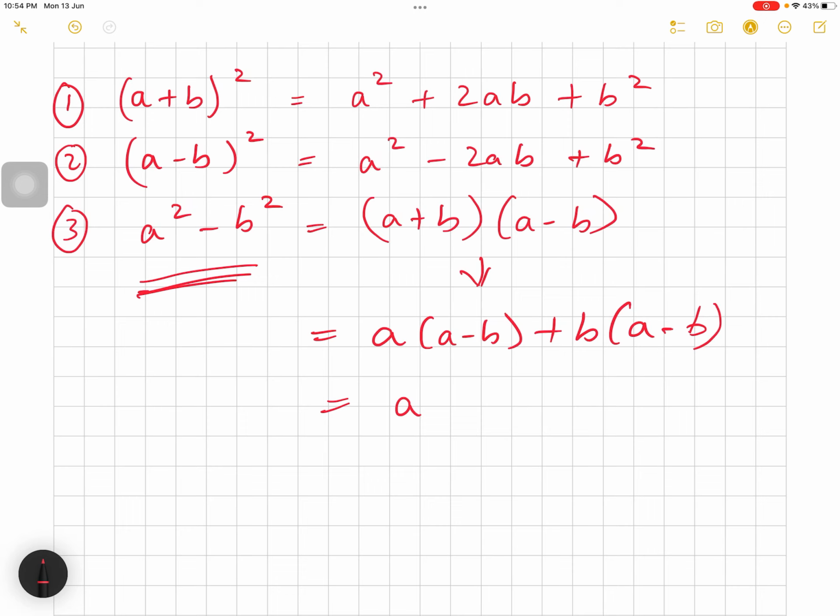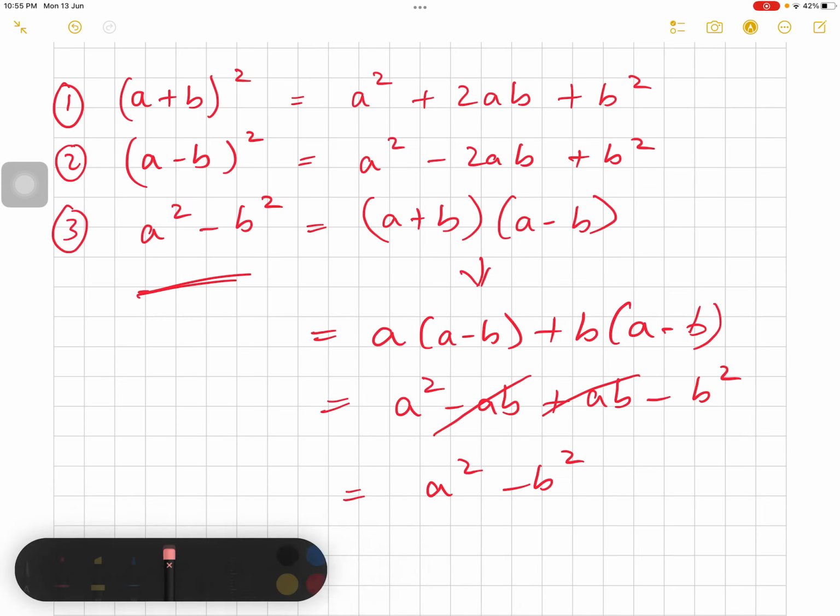A into a is a square, minus ab, plus b into a is ab, and plus b into minus b. Plus into minus is minus, and b into b is b square. So minus b square. Here plus ab and minus ab cancel. So what is remaining? A square minus b square.